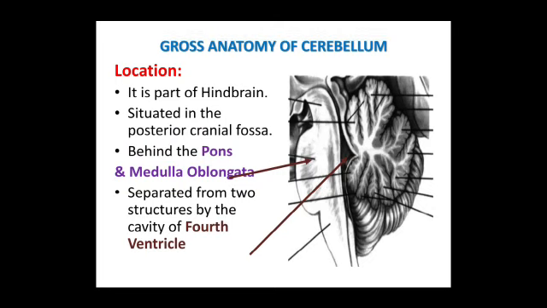It is located in the posterior cranial fossa. It is part of the hindbrain. It lies behind the pons and medulla oblongata, from which it is separated by the cavity of the fourth ventricle.